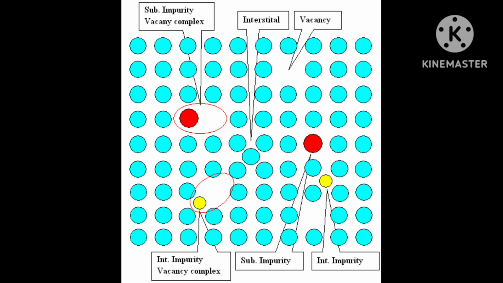In non-stoichiometric, two types are there, vacancy defect and interstitial defect. In vacancy defect there will be a decrease in density and in interstitial there will be an increase in density. But in Frenkel, what will happen?